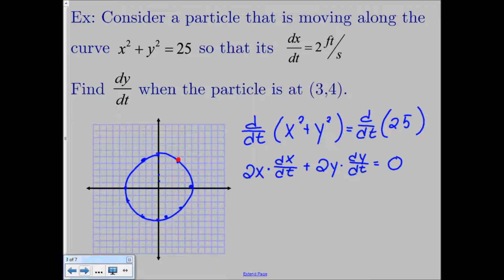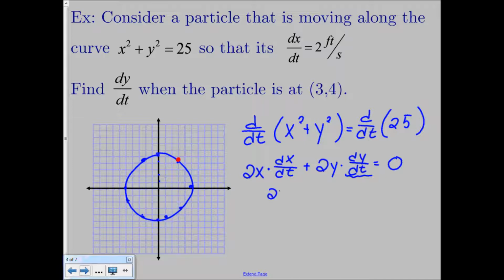So now that we have taken our derivative, we might want to solve for the rate that we're looking for, which is this dy dt over here. So we're going to isolate our dy dt and then we can plug in for what we know. First we're going to move this 2x times dx dt term over to the right hand side.